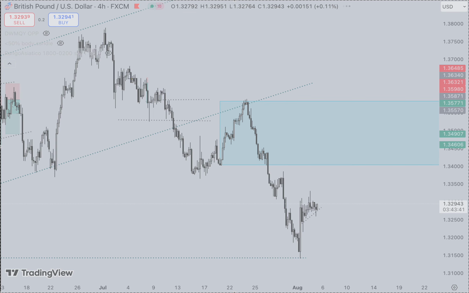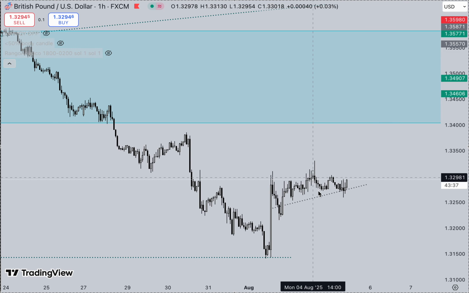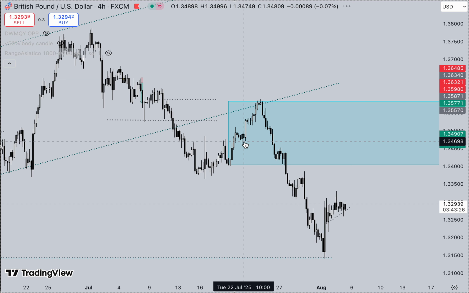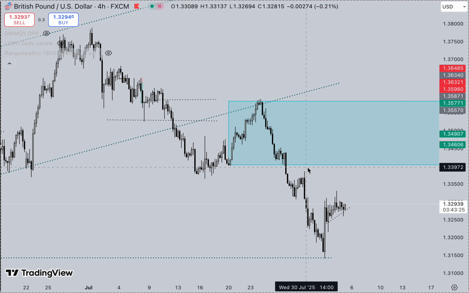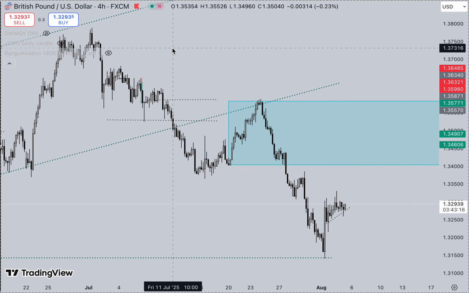If we go to the 1 hour, you can see we're just consolidating. We just want a break of this, and then we can take out this NFP low right here from Friday. Or if there's no change of character, we can still get higher prices here or here, and then start to sell off from there.